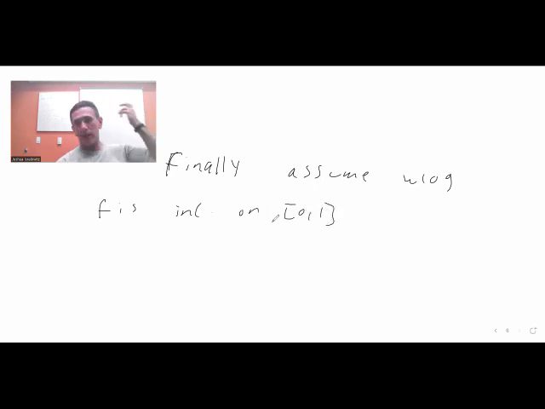So finally, let's assume F is increasing. I'll explain what to do if F is decreasing. It's kind of obvious, but you do have to work even a little bit harder.